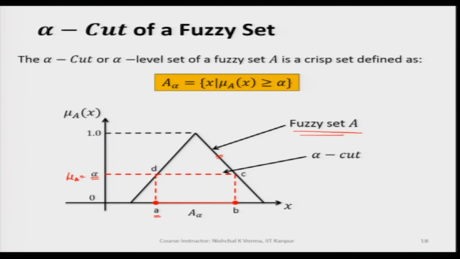In this case we have small a, and if we extend this, we will have another point, the generic variable value b. So, a and b correspond to the generic variable values at which we have membership value alpha.